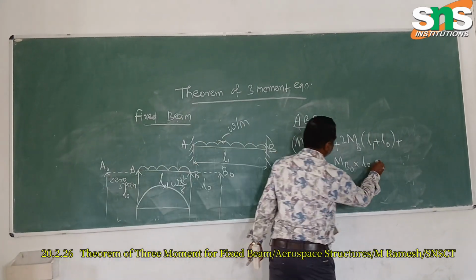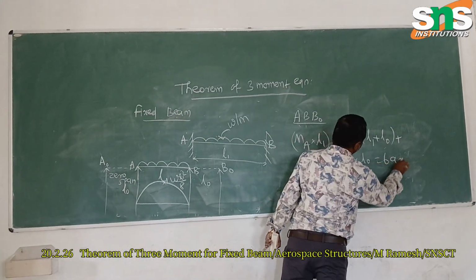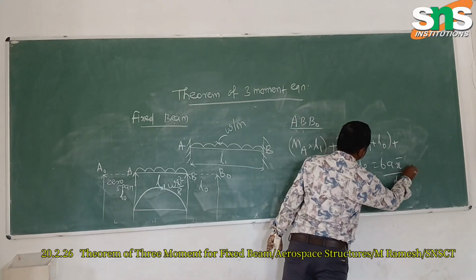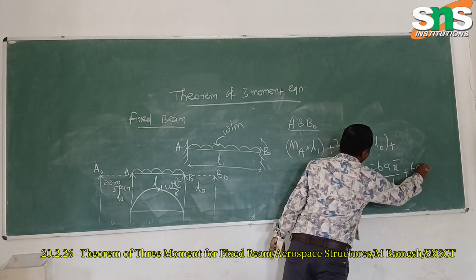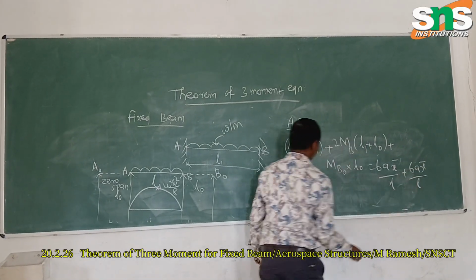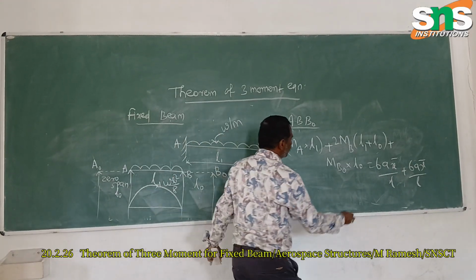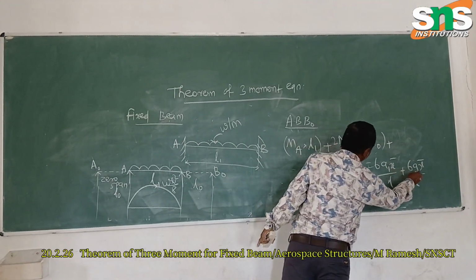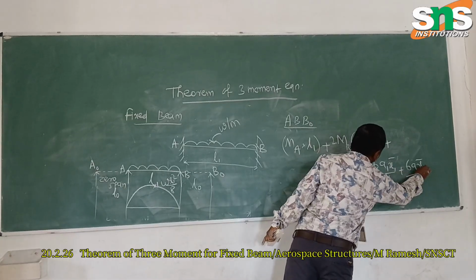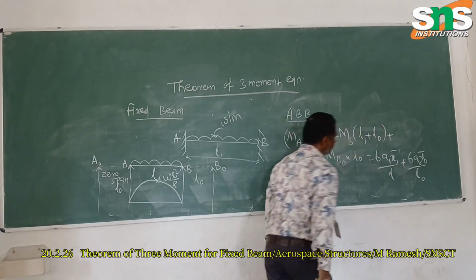So that is equal to 6A x bar by L plus 6A x bar by L, where here A is nothing but A1 x bar, here A naught, 1 naught, here this span is L naught.